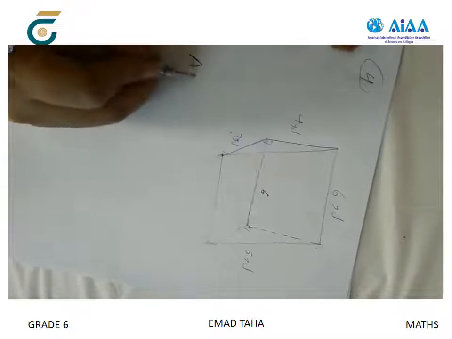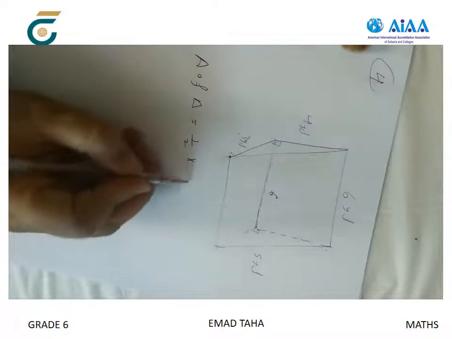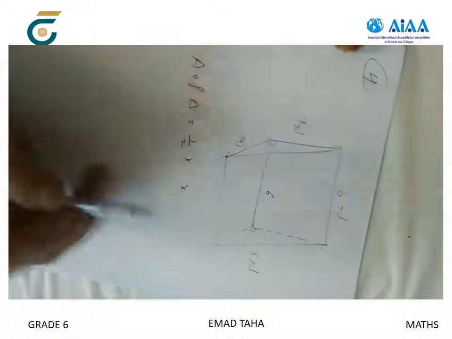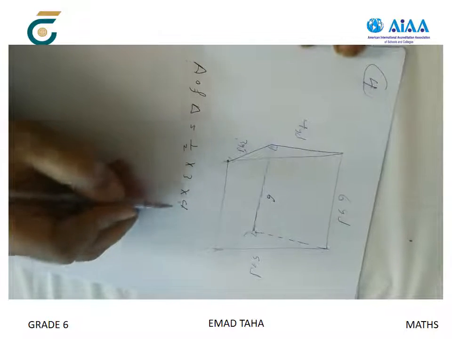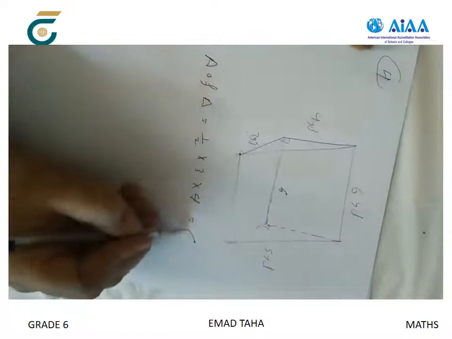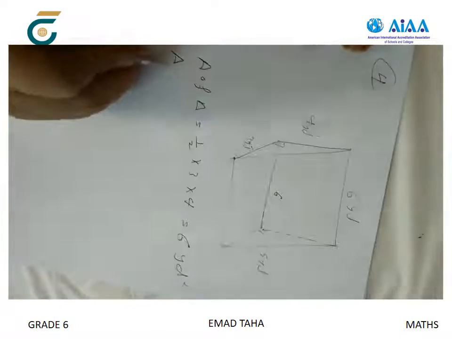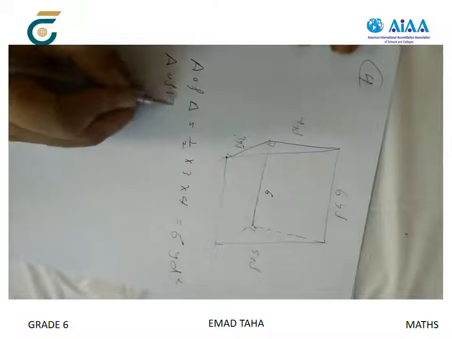Now the area of a triangle is half times base times height. Base and height are 3 and 4, so 3 times 4 is 12, and half of 12 equals 6 square yards. And we have 3 rectangles.